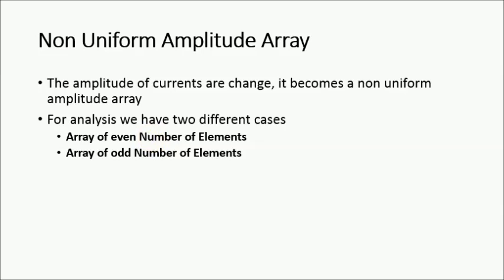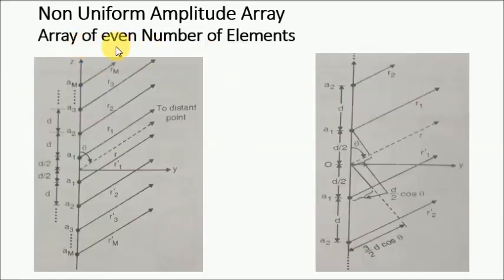You can see, if the array has an even number of elements, you just find the midpoint, that is, you can space here, and you can consider this as the reference. So if we have 2M isotropic elements, consider that they are placed along the z axis, and the elements are placed symmetrically, and this is the origin, and assume that the elements are spaced evenly about the origin.